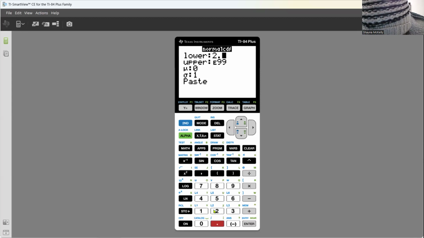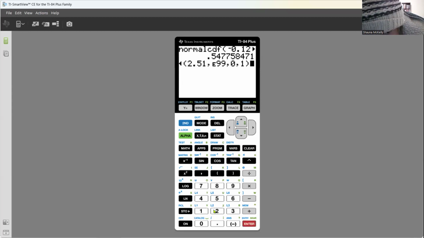This is 2.51 E99, 0 and 1, paste it. And what I end up with here is 0.0060 with a 3. So 0.0060 is my area or my probability.